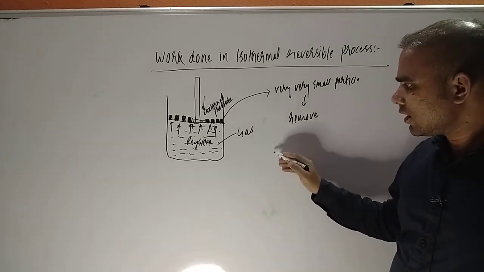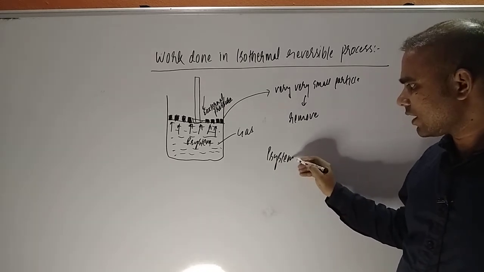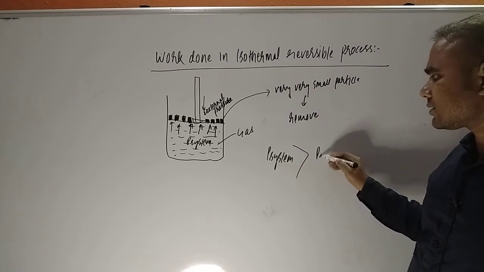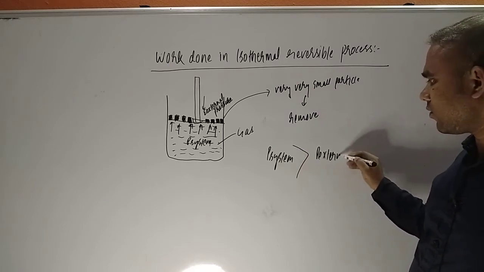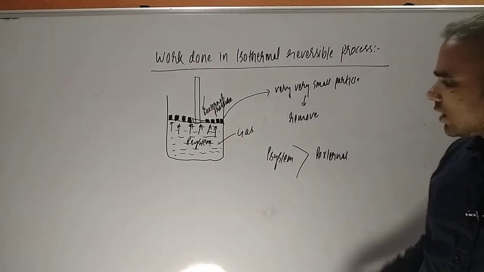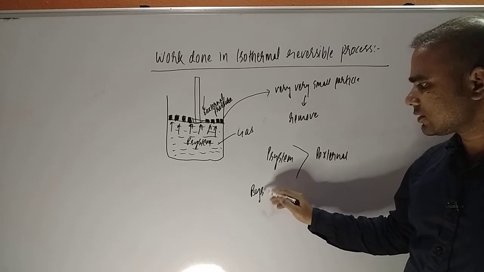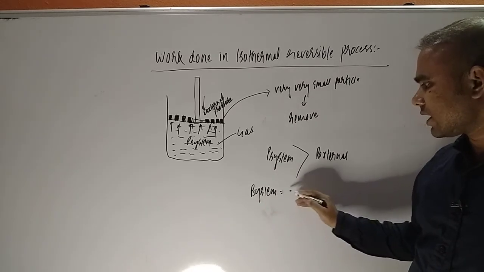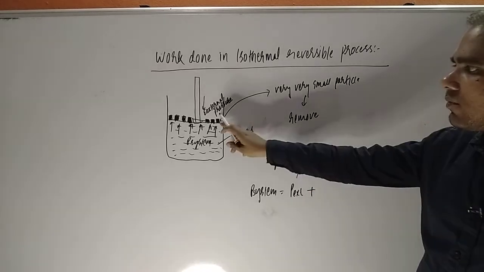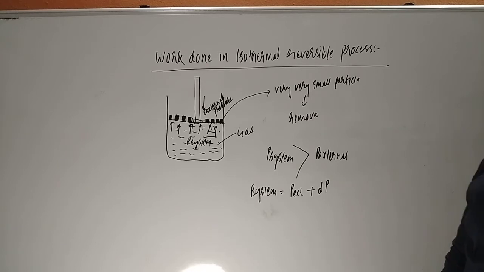P system will be greater than P external, because you are removing a small part of the weight. Now if you want to calculate P system, we have to add some amount of pressure to P external. How much? Suppose I am adding dP.